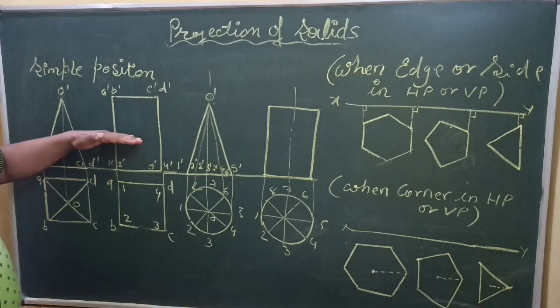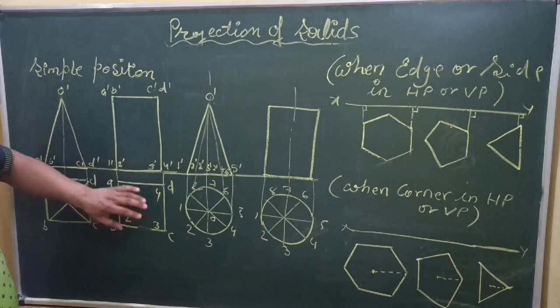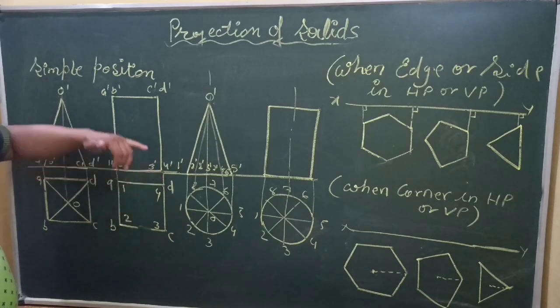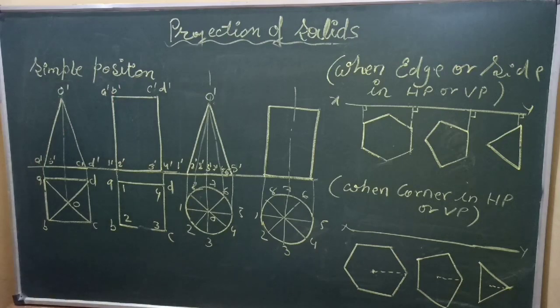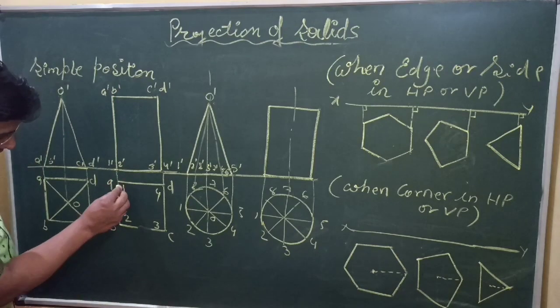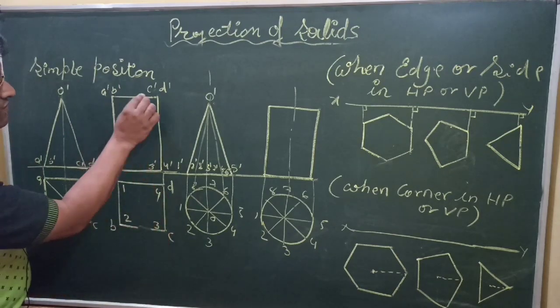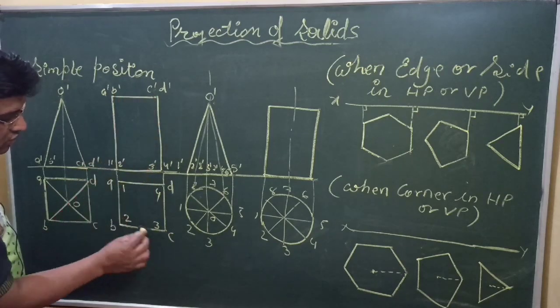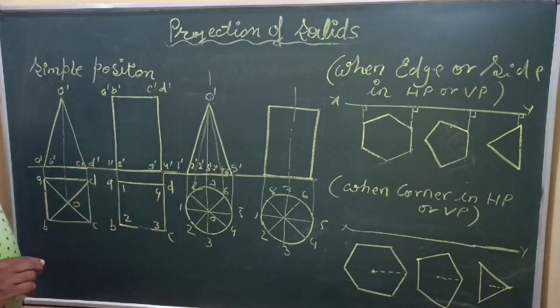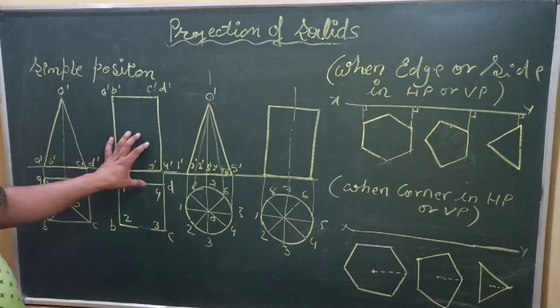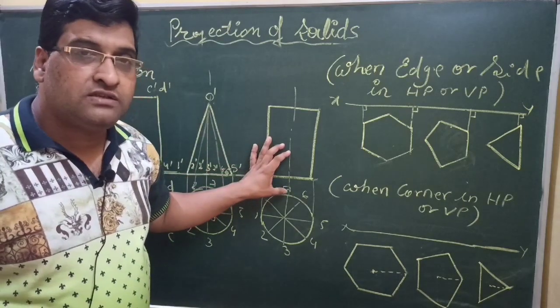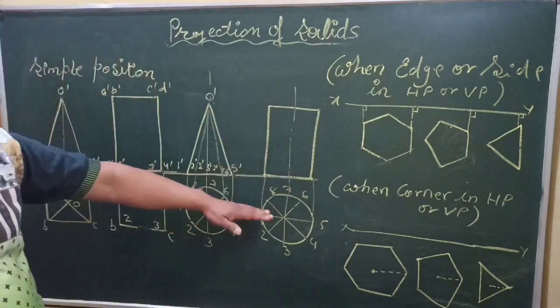But in case of prism, you have to give notations twice, one for lower base and one for upper face. As I have given here, A, B, C, D, it is the upper face, and 1, 2, 3, 4 with 1 dash, 2 dash, 3 dash and 4 dash. Similarly, you have to give two notations here, and you can repeat also.